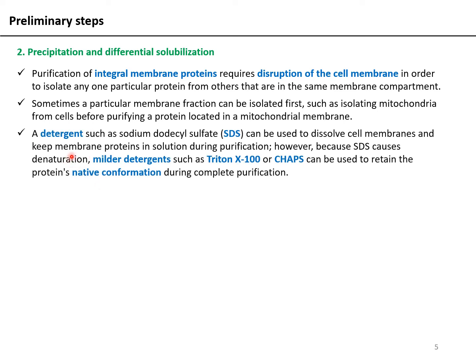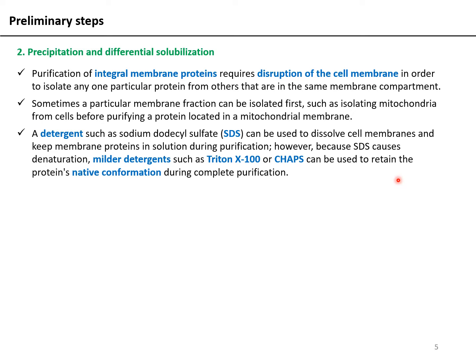So a detergent such as SDS can be used to dissolve cell membranes and keep membrane proteins in solution during purification. But because SDS is a very strong detergent, it will cause denaturation of your membrane protein.